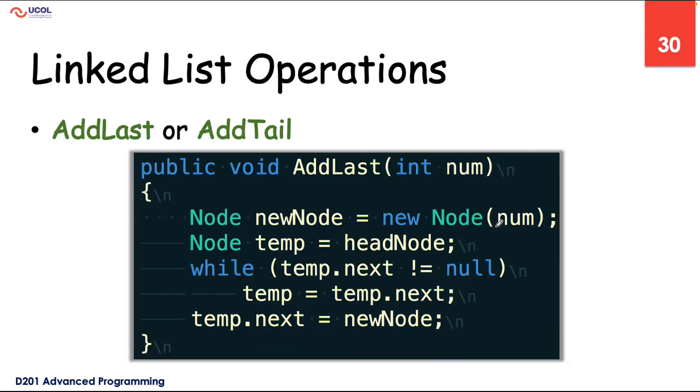So if you look at that again, we are creating a new node, then we have a temp which we assign to the first element in the list, and then while the next of the temp is not equal to null, move the temp to the next one, and once it has reached the end of the list, assign the next to the new node. We are creating that link with the last node.